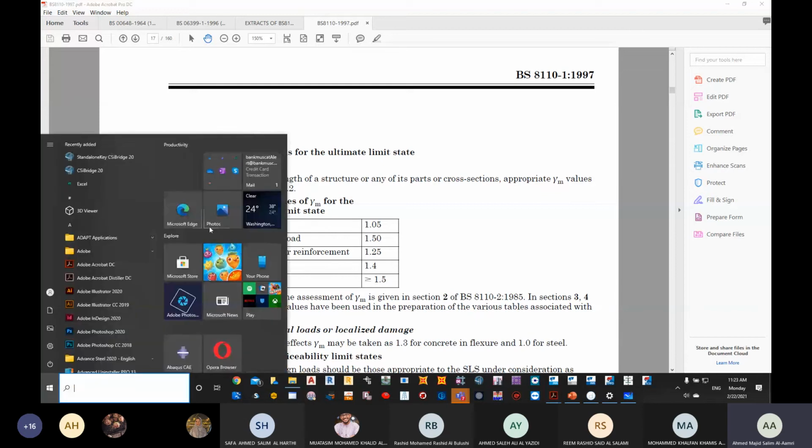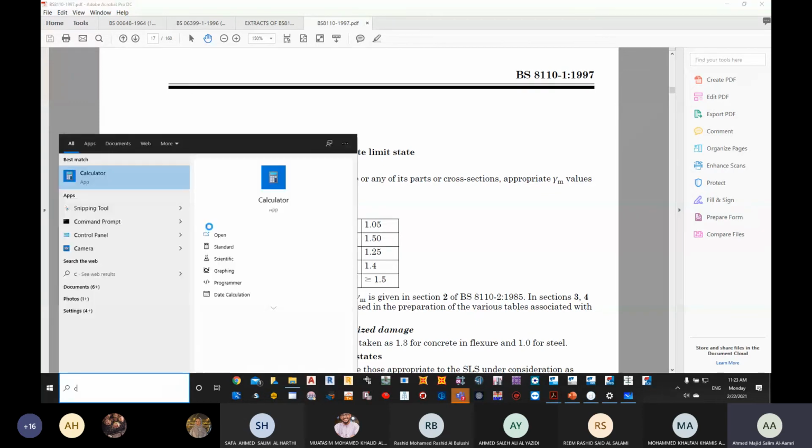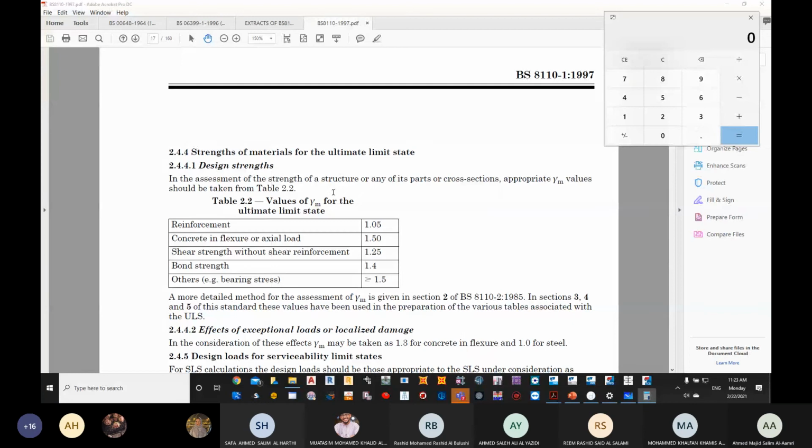It means whenever I talk about 460 reinforcement, the code says you can take 5%. It means if your reinforcement has a strength of 438 to 460, it is still acceptable. You will never get the same stresses all over the bars.